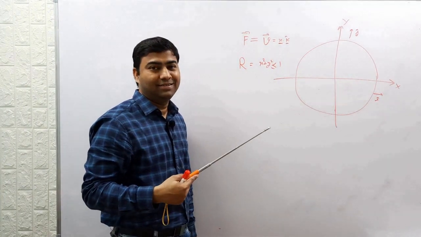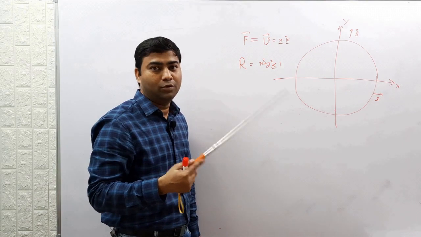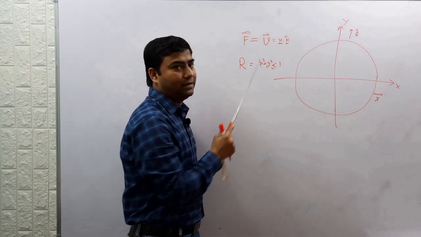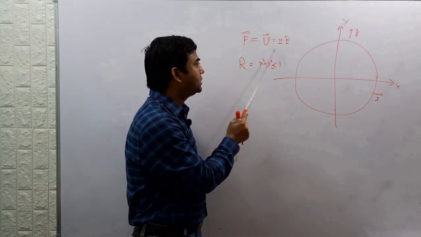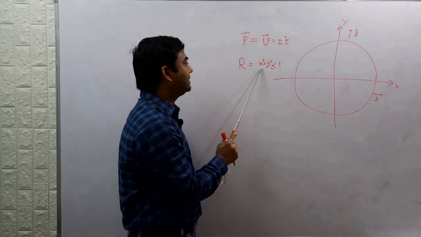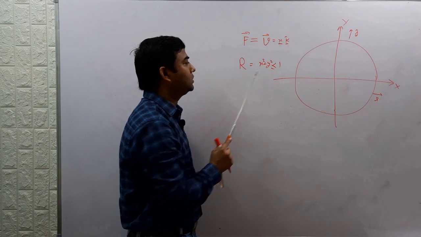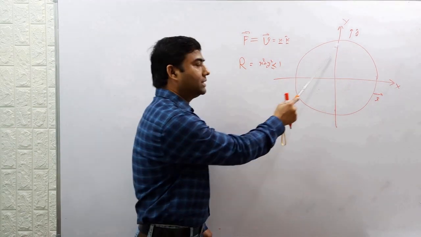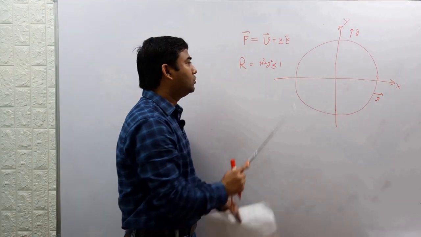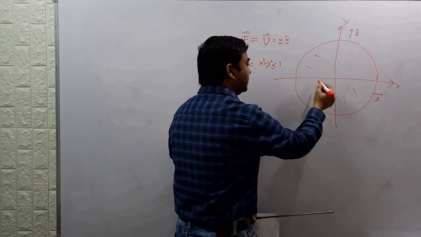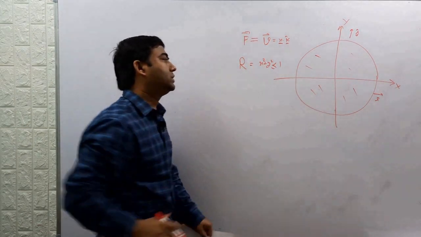It can be a complicated function also, as we discussed earlier; the vector field g was complicated. Here we have assumed the simple function x k as the velocity in this region, and the equation of this region is x square plus y square less than or equal to 1. x square plus y square equal to 1 is a circle, and less than or equal to 1 means the whole region of this circle is covered.